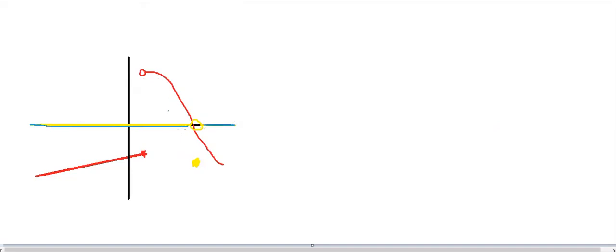But since the red function was 0 at this particular point, the product will also be 0. So you can see, I know my drawing is not that good, but the product is a constant 0, which is a continuous function. So again, you have another cheat example where the individual functions were discontinuous, but the product came out to be a continuous function.